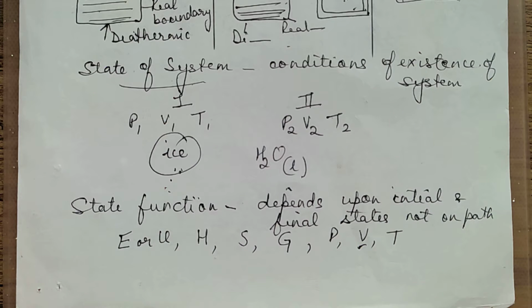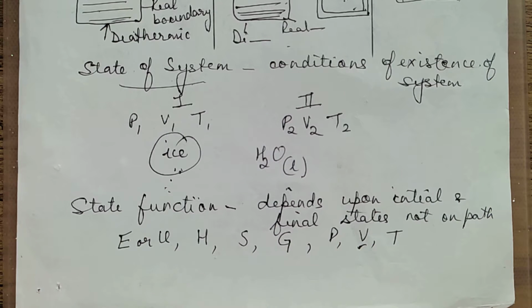You carry out some change in temperature. Initial temperature is 25 degrees and the final temperature is 35. How you achieve that change in temperature does not matter. So the change in a particular thing depends only on the initial and the final state, then it will be called a state function. It is not dependent upon the path followed.